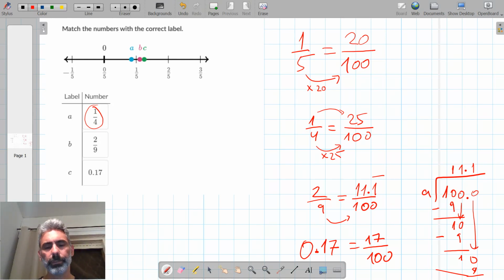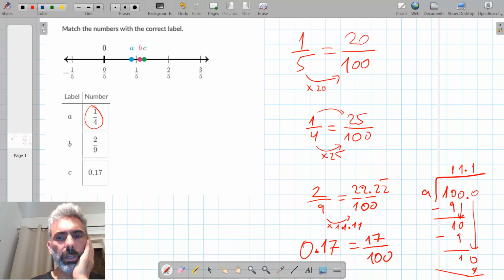Sorry. I need to multiply 9 times 11. Okay, my mistake. 2 times 11.11 is 22.22 repeated. Okay. So 2/9 is a bit less than 1/4.